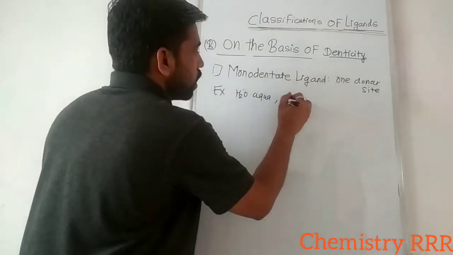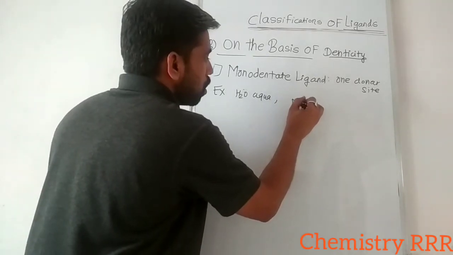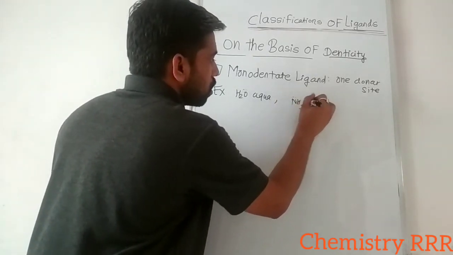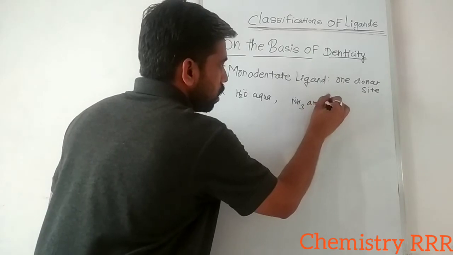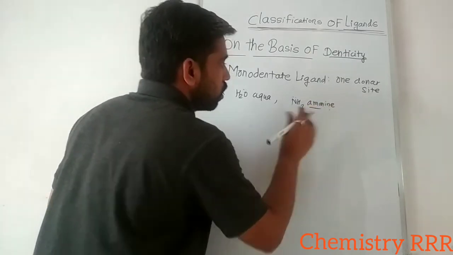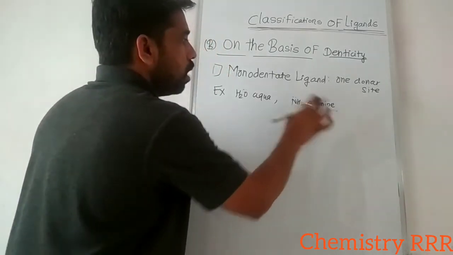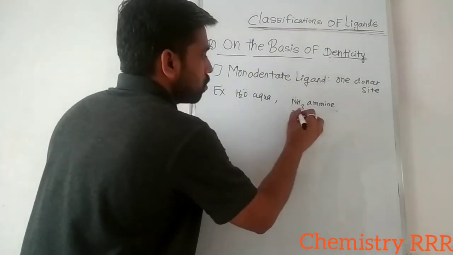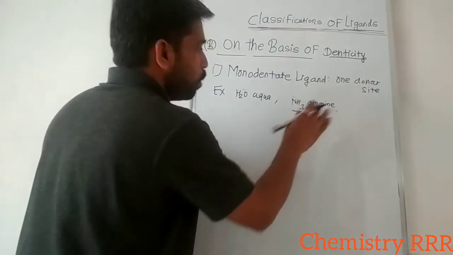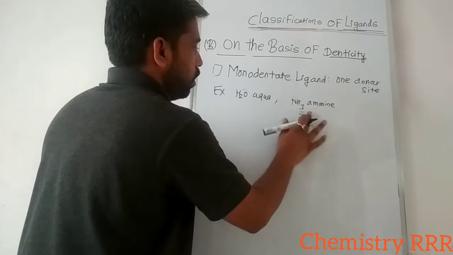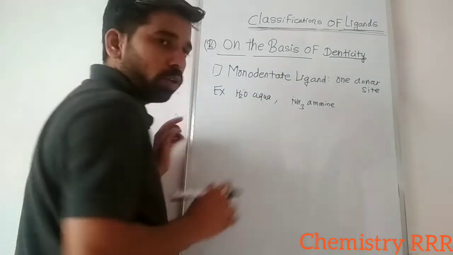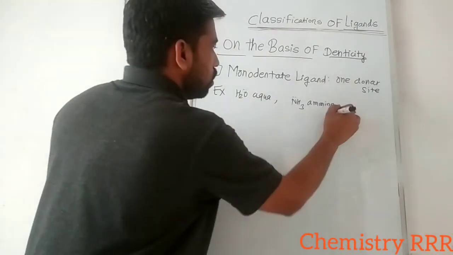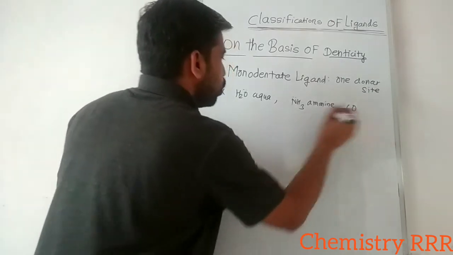Then the second example, ammine. This is the name of the ligand, not ammonia. This is ammine, the IUPAC name for the ammonia ligand. Then carbonyl.